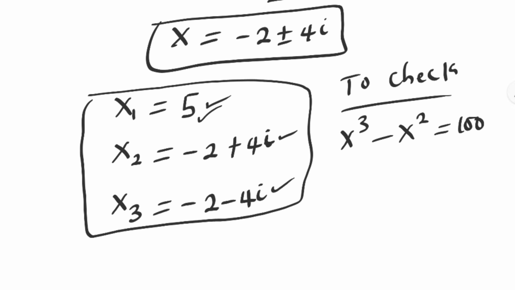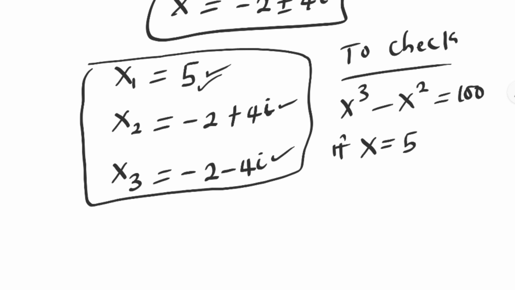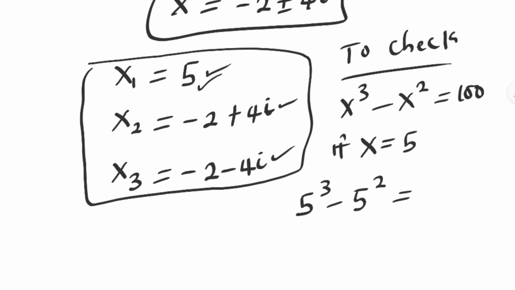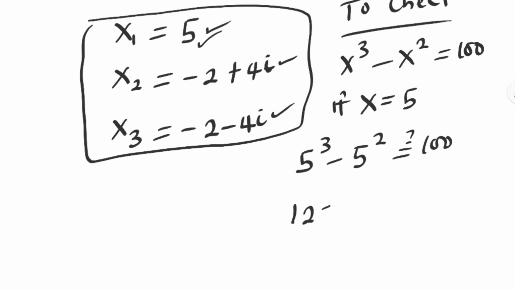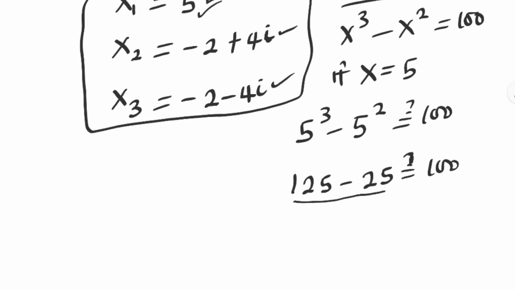Now, if s is equal to 5, this is 5 raised to power 3 minus 5 squared must be equal to 100. 5 raised to power 3, this is 125 minus 5 squared, this is 25, must be equal to 100. And of course, 125 minus 25, this is 100. The left hand side is equal to 100. The right hand side, which is true.